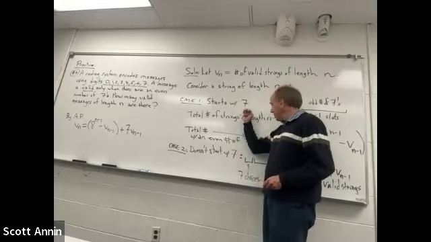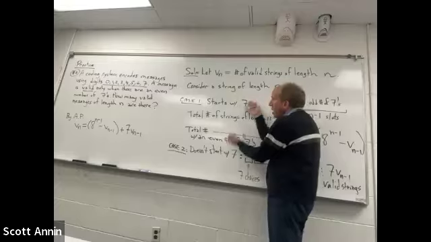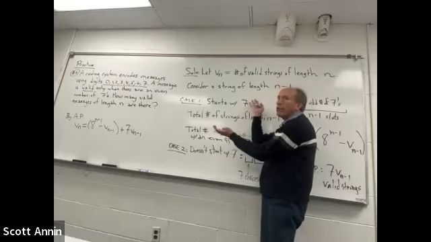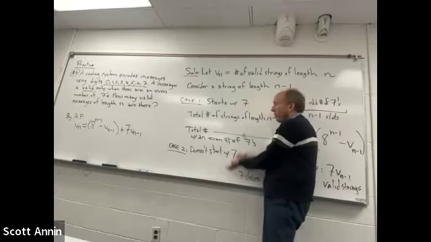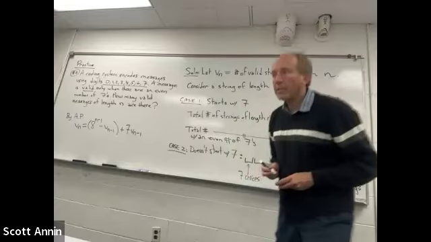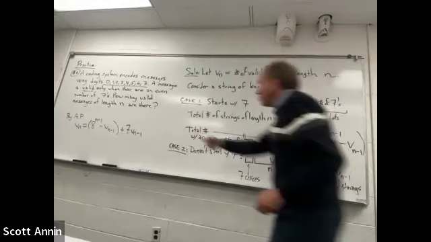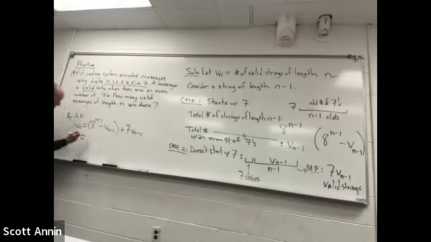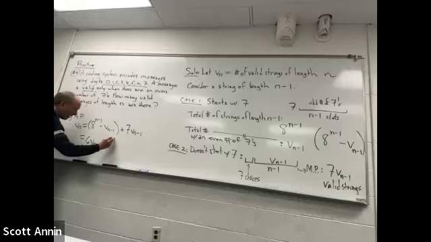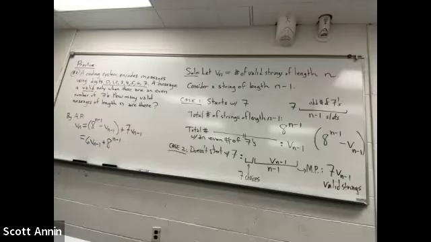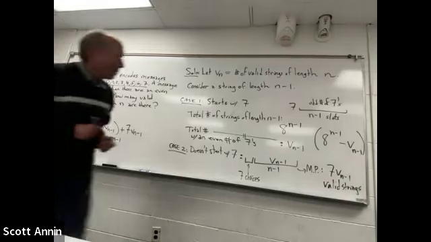The string either starts with a 7 or it doesn't. These are non-overlapping cases, and every string is going to be either here or here. That's the only possibilities. We might as well clean this up a little bit. This is actually 6 factors of Vn-1, and I'll put the 8 to the n-1 on the end of it. People following that all right?